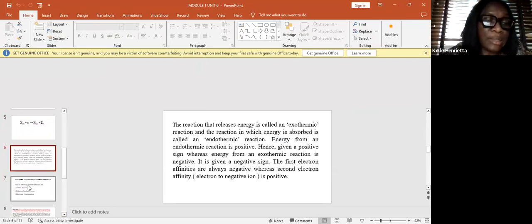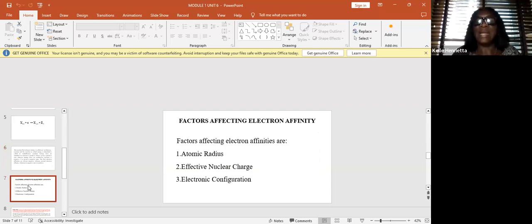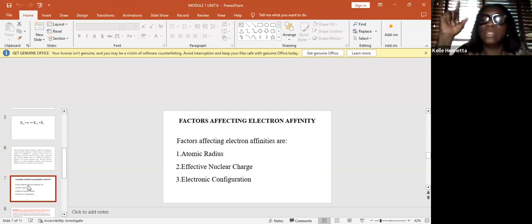We want to look at the factors affecting electron affinity. What you have to do always, once you know the definition of something, you can be able on your own to know what factors can affect that particular topic or phenomenon we're talking about.